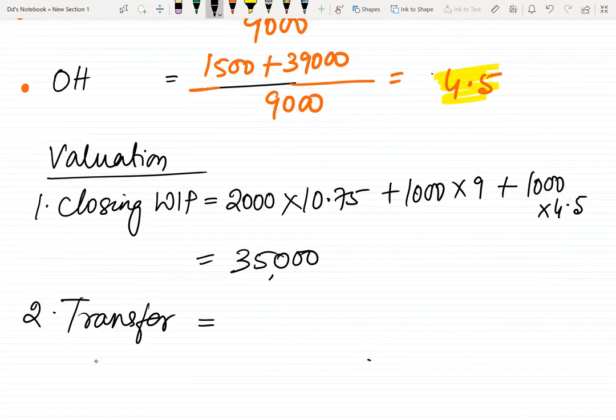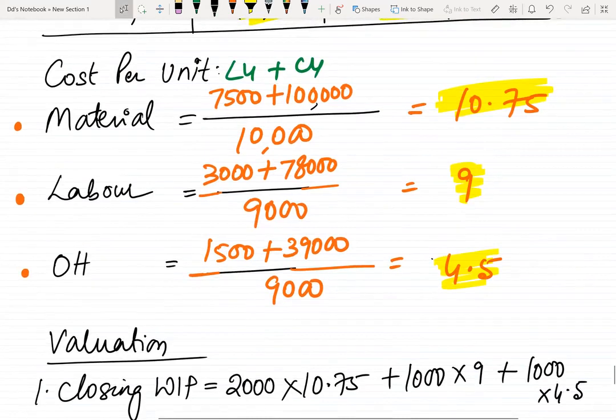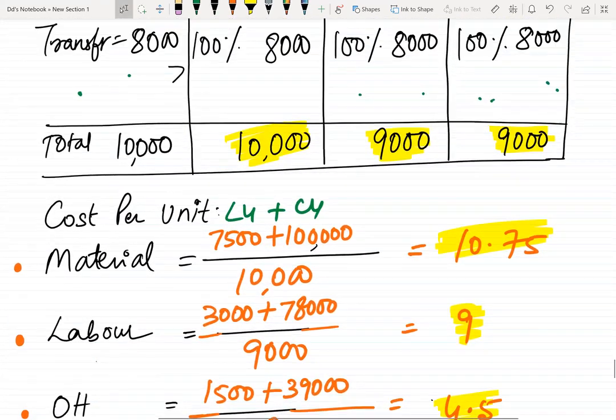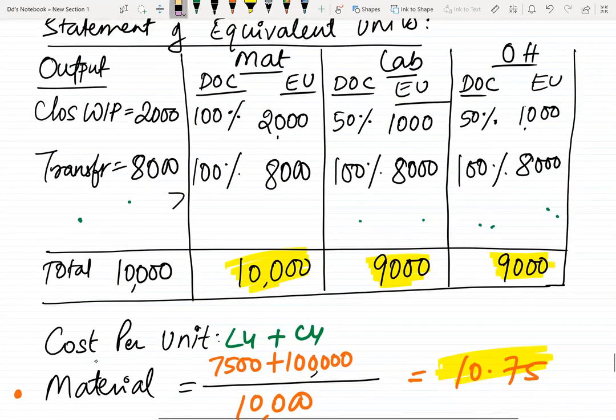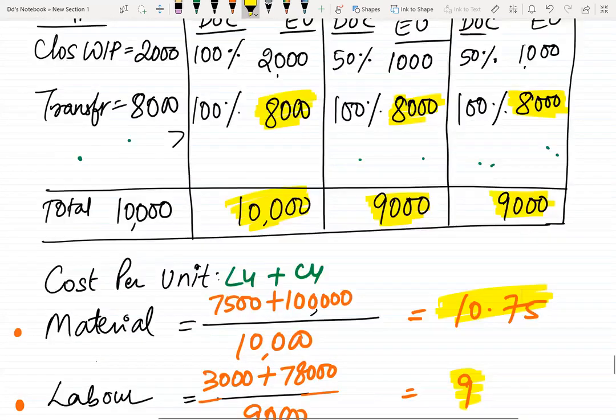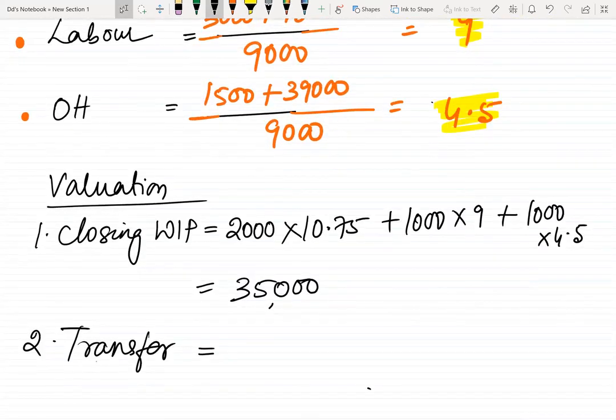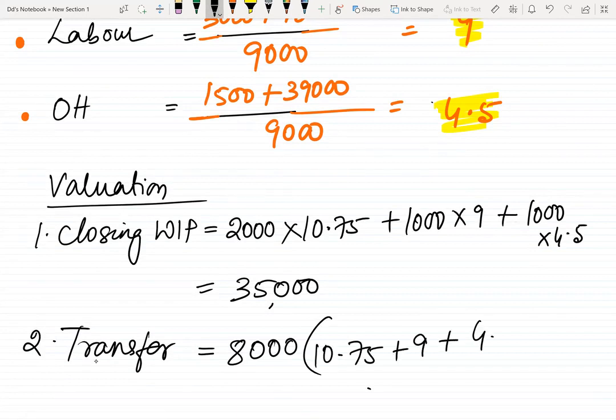Sir, why is it very easy? Step 3 is step 1 into step 2. In step 1, you have anyway a single number. Look here, 8,000, 8,000, 8,000. Take that. 8,000 into, inside the bracket, 10.75 plus 9 plus 4.5.